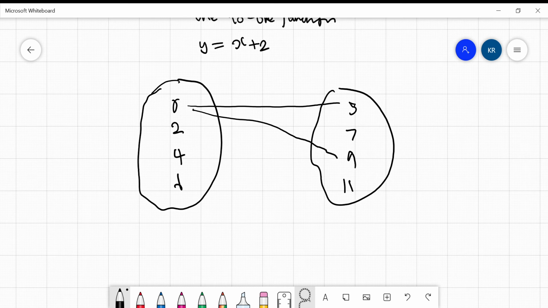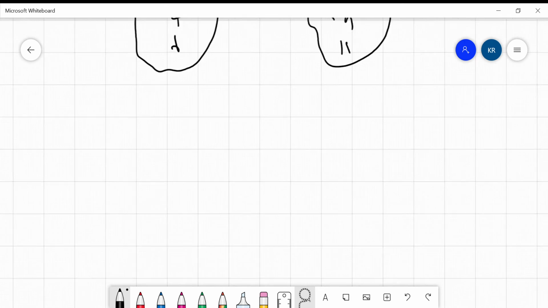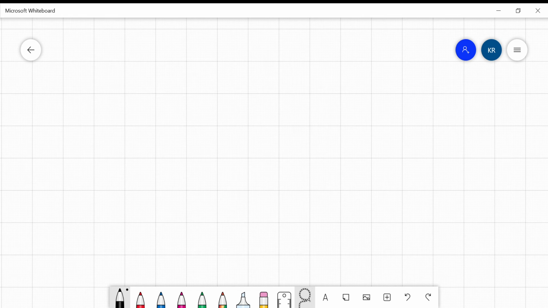This is not possible because how can one element be mapped into multiple other elements? So essentially, that's the definition of a function. A function is a mapping where one element of set A has only one image in set B. So now you have a rough idea of what a function is.